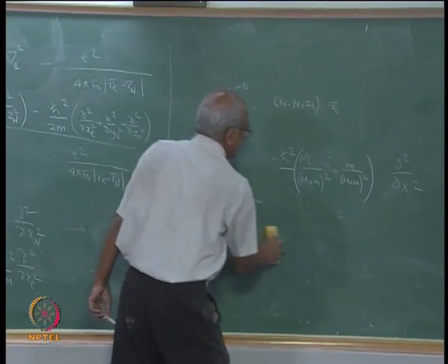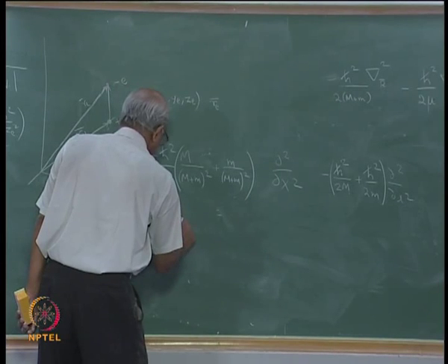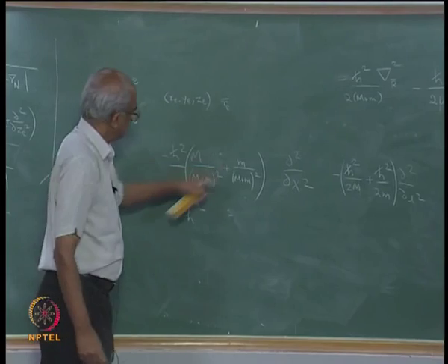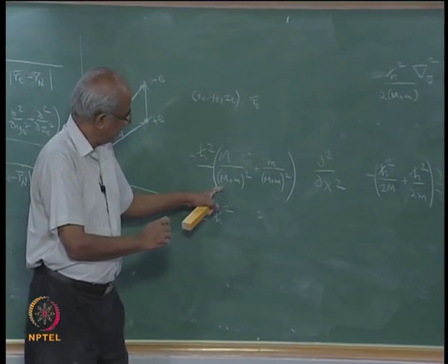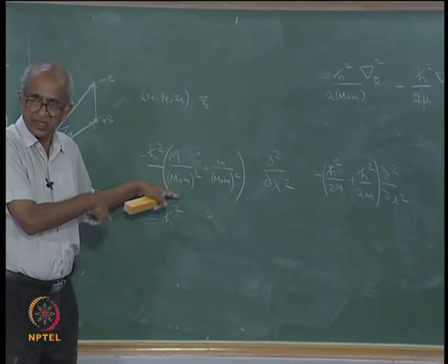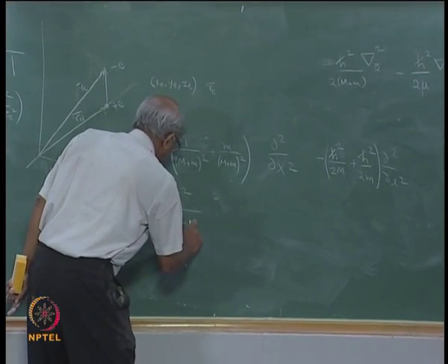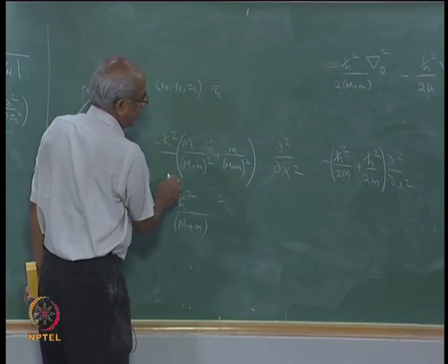So, what is the answer that you are going to get? Well, the answer is extremely simple. It is just what we had written physically. You get minus ħ², this may be combined, you will get M + m. There is an (M + m) square in the denominator. So, effectively this will become (M + m) into 2. There is a 2 that I have missed out.